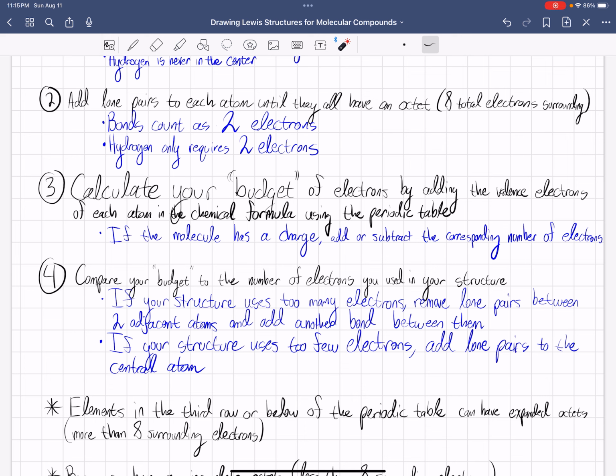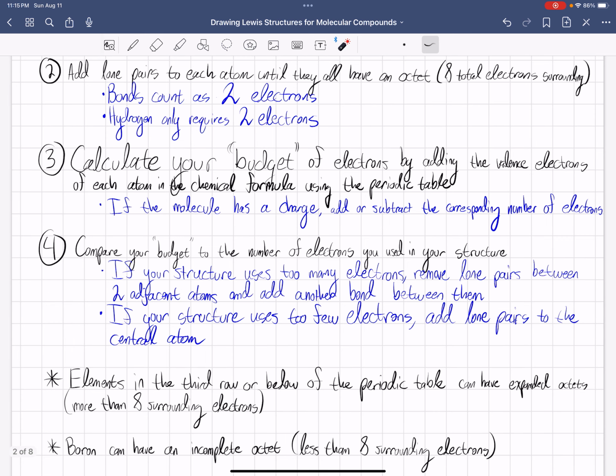You'll then compare the budget that you got to the number of electrons you actually used in your structure. Now, if you've used too many electrons, if you've overspent, the way you can consolidate is you'll erase lone pairs on 2 adjacent atoms in the structure and add an additional bond between them.